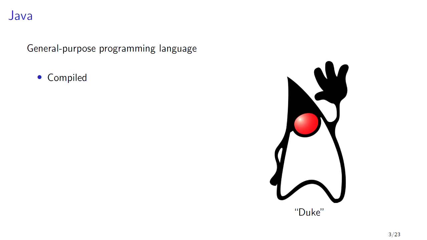So Java is what we call a compiled language. And what this means is that we write our code in Java, and then it's translated into another format, which is then executed. And so that translation process is what we call compilation in computer science. And there's a few purposes for that.